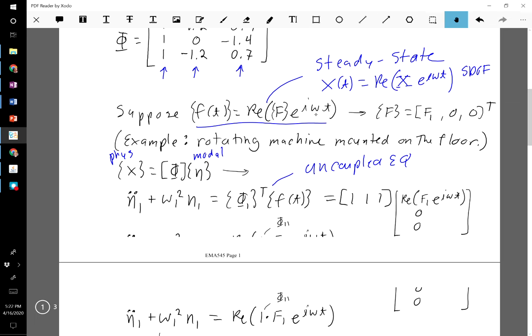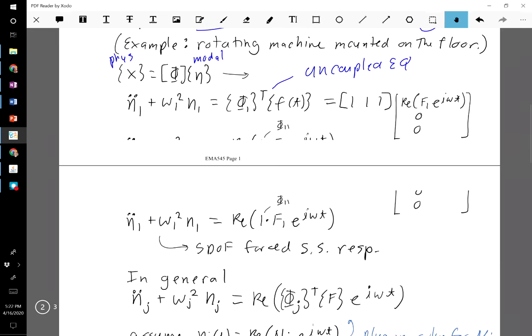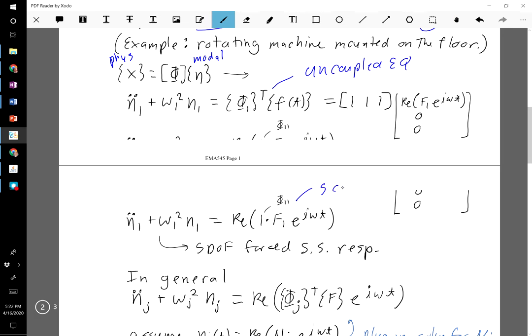And if we plug in this F, real part of F e to the i omega t, where F has just one non-zero value for the first mass, our equation eventually just becomes a scalar, real part of some scalar times the force amplitude e to the i omega t. So this truly is a scalar forcing, and we have a 1 degree of freedom system.